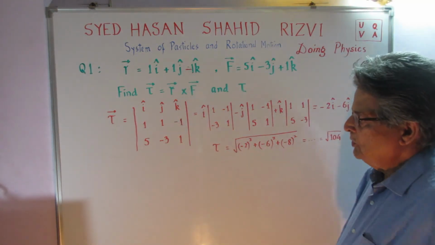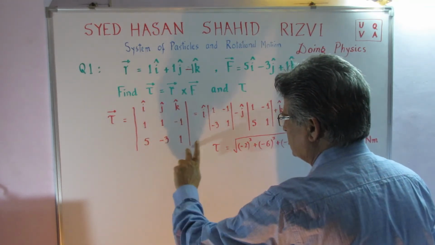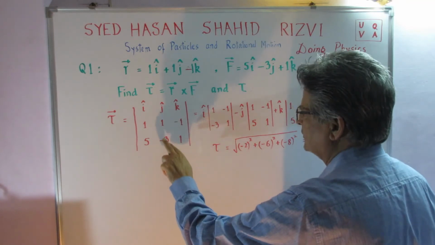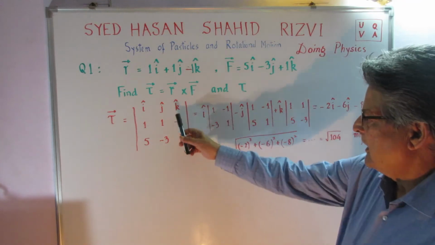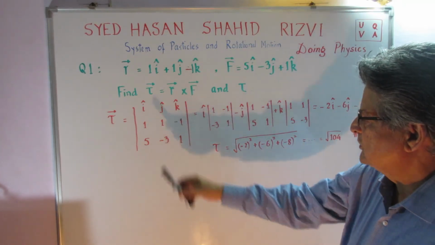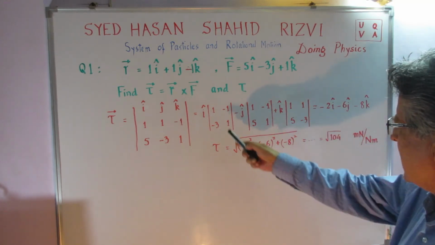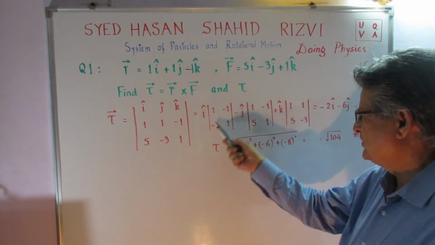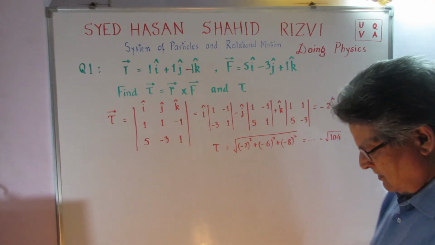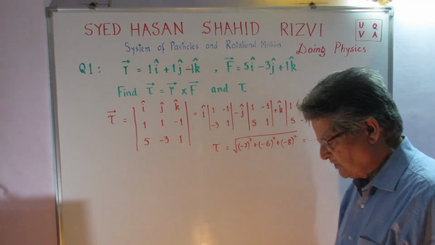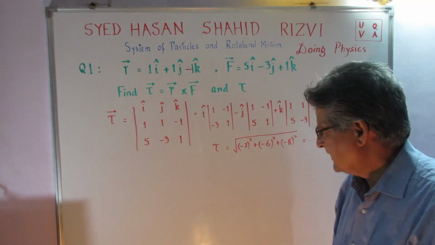So this is equal to, in the first instance when I am taking this i, then I get this; j, this column is gone, I get like this; and k, I do away with this, and these two columns appear. So when I write all these things and we make calculations, this minus this, this minus this, this minus this, I find that it turns out to be equal to minus 2i minus 6j minus 8k.